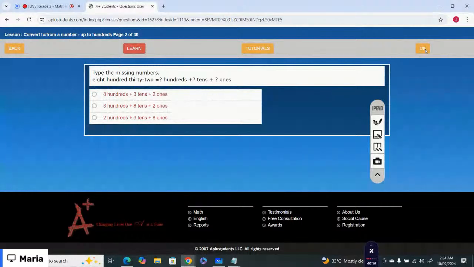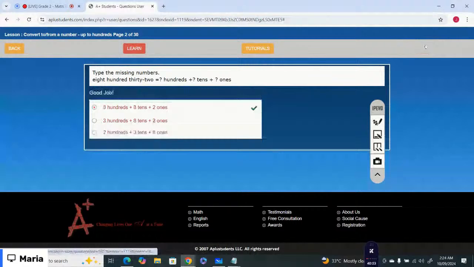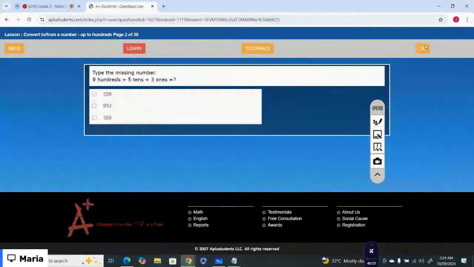Very good. Option number 1 is the correct option. 8 hundreds, 3 tens and 2 ones is the correct option. Next, type the missing number 9 hundreds, 5 tens and 3 ones. So which is the correct option?